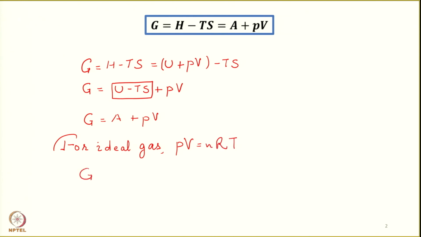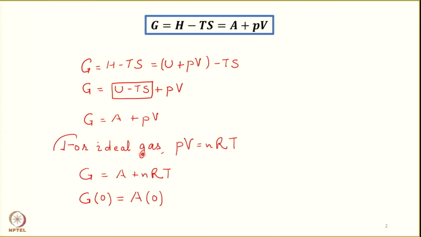So therefore, I can write G is equal to A plus nRT, or G at absolute 0 is equal to A at absolute 0. Why did I do this? Because as I have always been saying, when you want to derive certain equations, you may take a route which gives you that equation easily. And in this case, if I use the properties of ideal gas, I am able to establish this, that G0 is equal to A0.